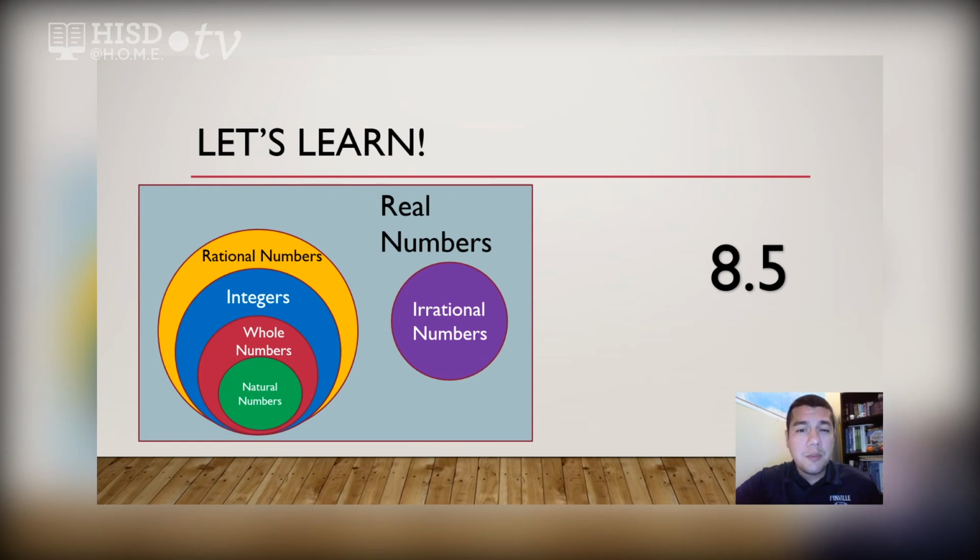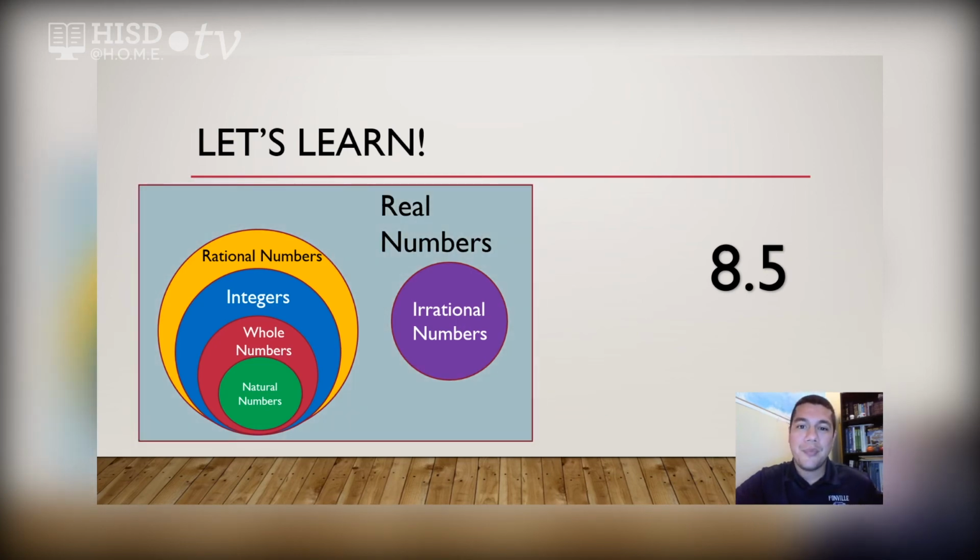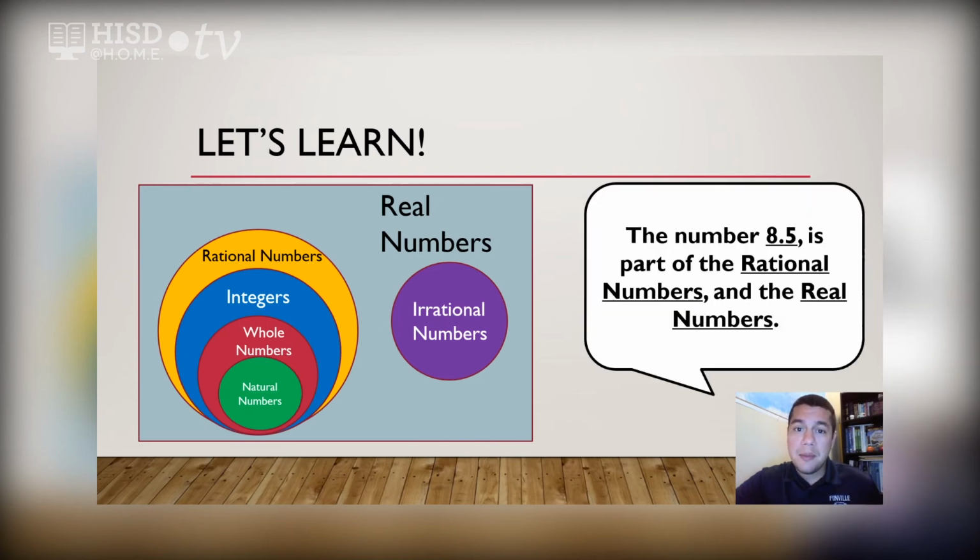So that means that it's part of the rational numbers and also part of the real numbers. Very good. So now we can use our sentence stem and we can write: the number 8.5 is part of the rational numbers and the real numbers.